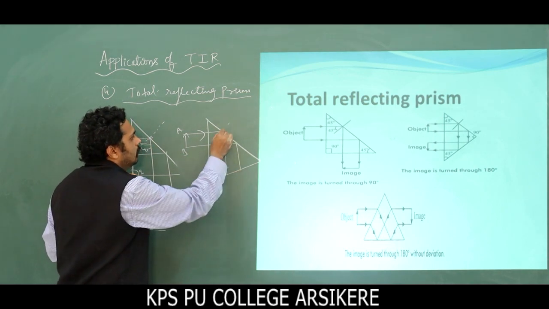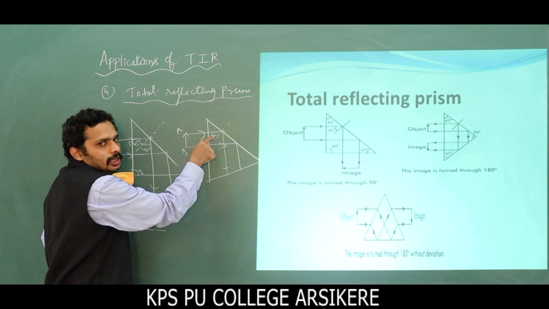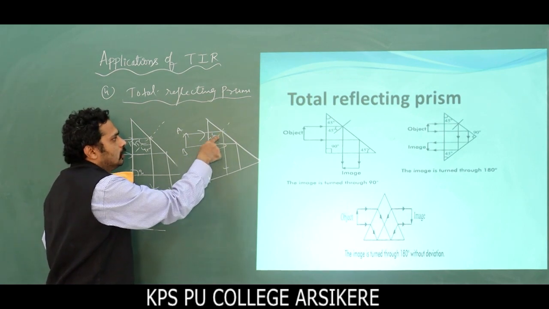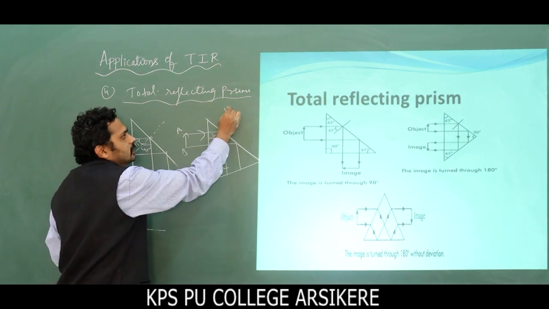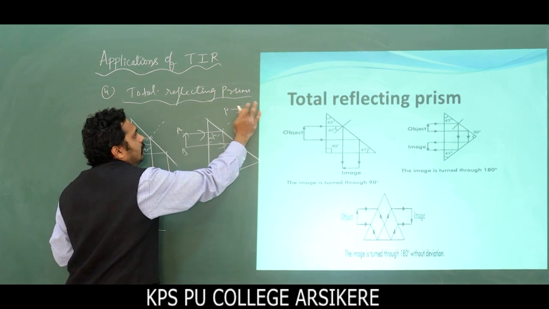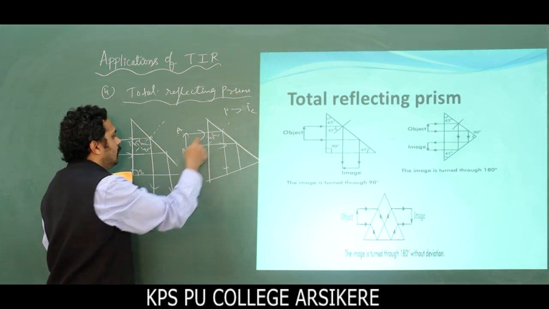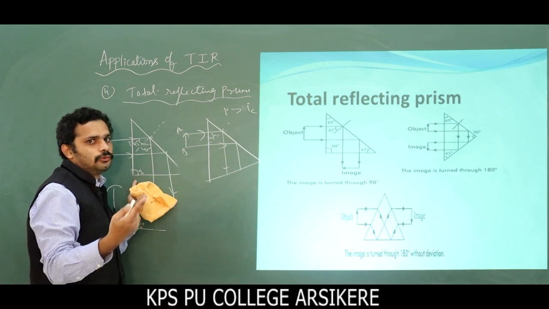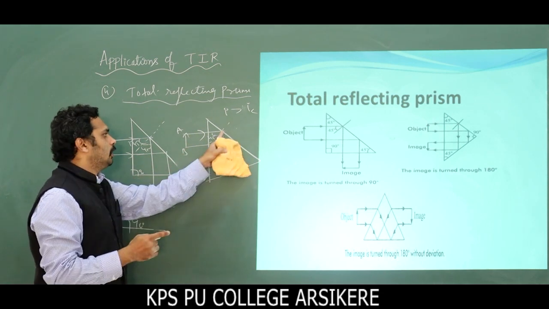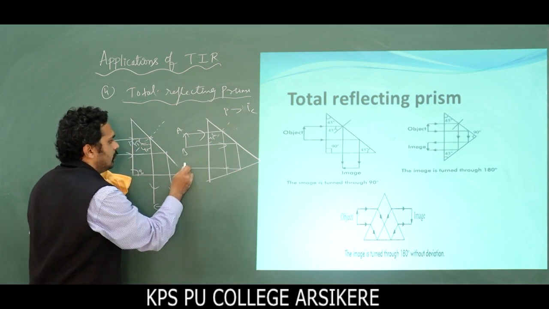You have to know that this is the incident angle. Here 45 degree, you draw the normal, you get 45 degree. The incident angle is greater than the critical angle. The incident angle is 45 degree, the critical angle for glass-air interface is nearly 42 degree. It undergoes TIR. Now once again TIR.